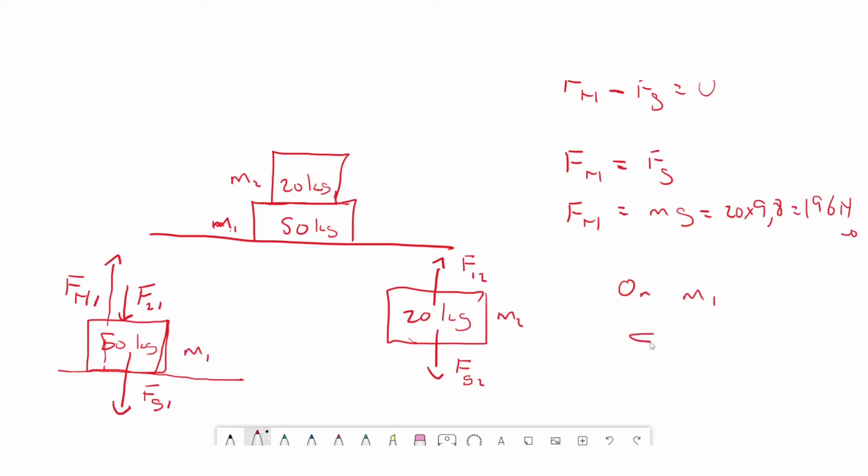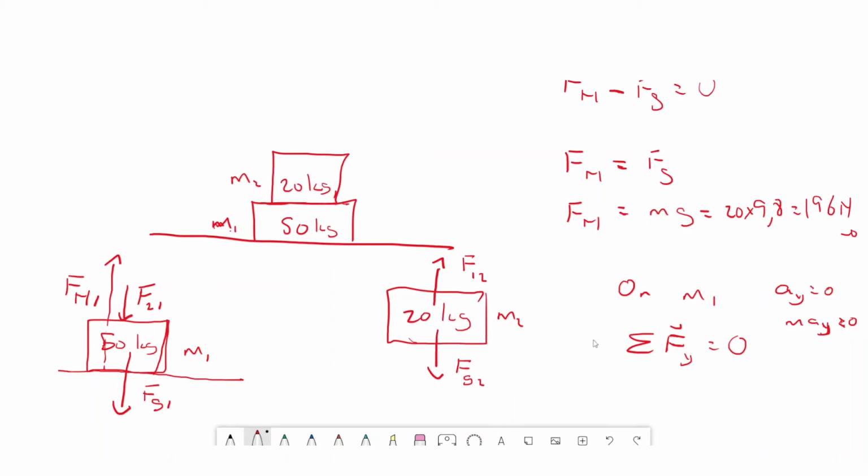On M1, I'm just going to sum all the forces in the y direction. They are going to be equal to 0. Why are they equal to 0? Because ay is 0. Since ay is 0, may is going to be 0. So now I'm going to start skipping steps. Whenever I do this, I expect that you now know that what I'm saying is that the acceleration is actually going to be equal to 0.